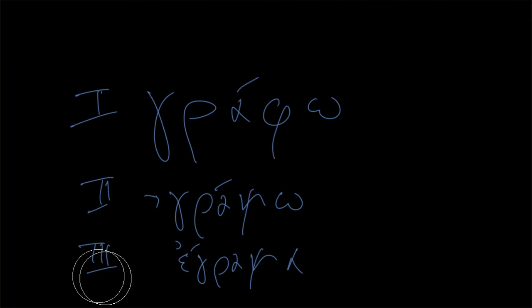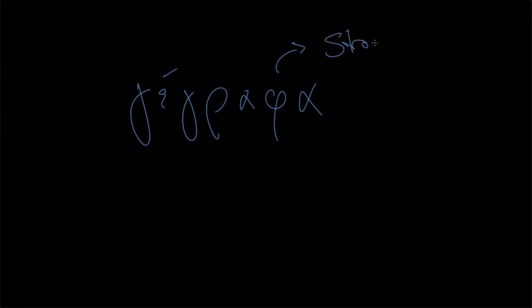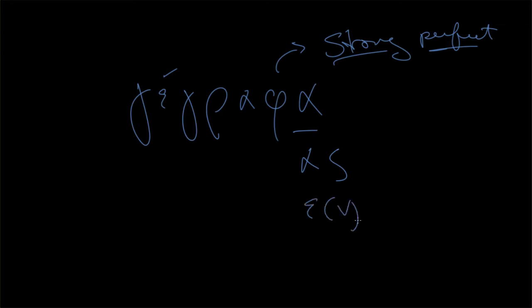This is exactly what we're having now in our fourth principal part, gegrapha. So why is it ending in a phi? First of all, this is a mark that we're dealing with a strong perfect. And again, the personal endings are just the same as the weak perfect here: alpha, as, e, with a movable nu, then amen, ate, and asi.